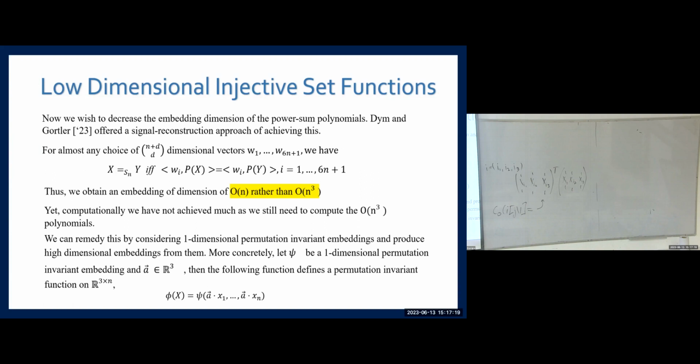And so how do we remedy this? We do this by a process called polarization. What does this mean? We consider the one-dimensional permutation invariant embedding, and then we project our sets onto one dimension, apply this embedding many times, and then obtain some one-to-one hash.